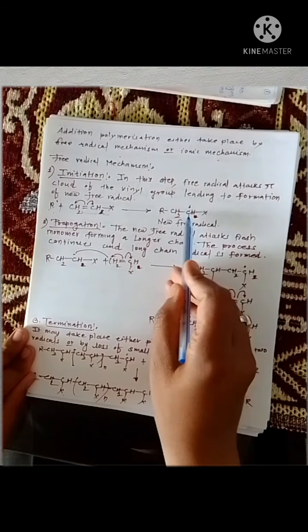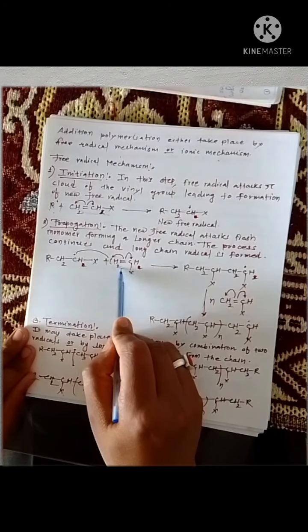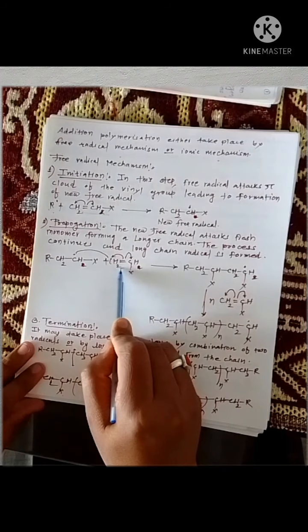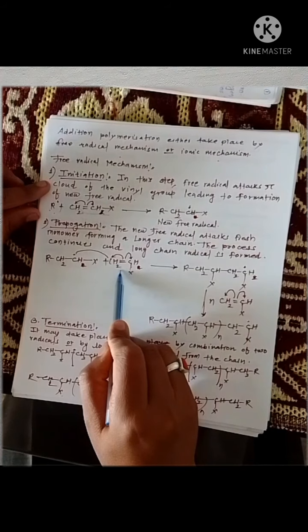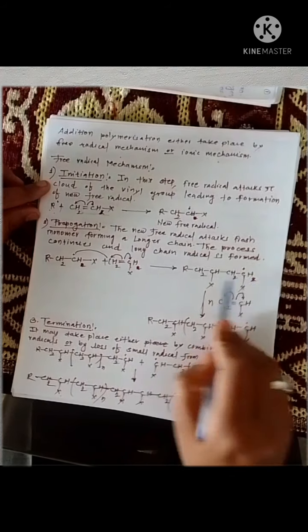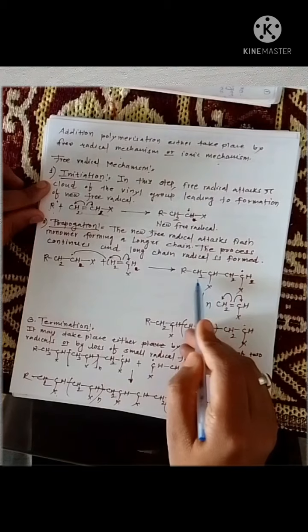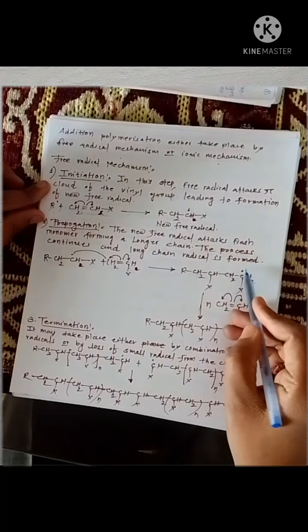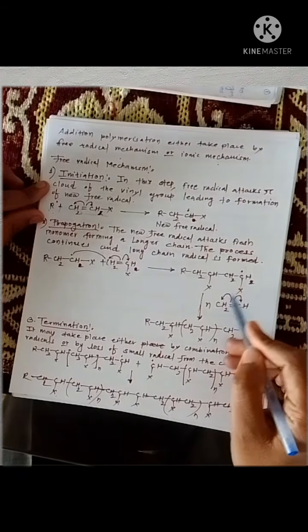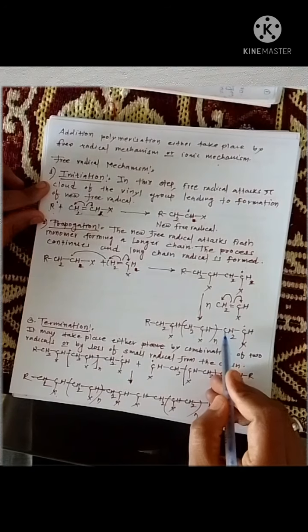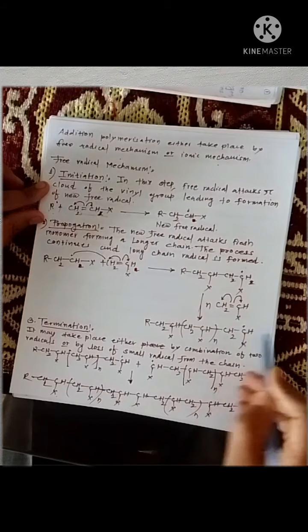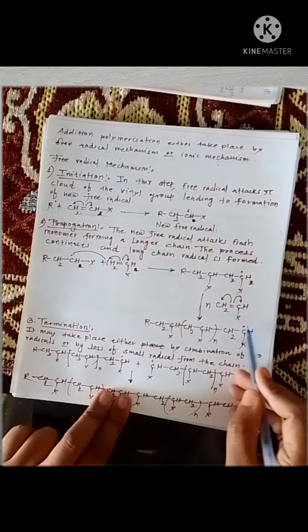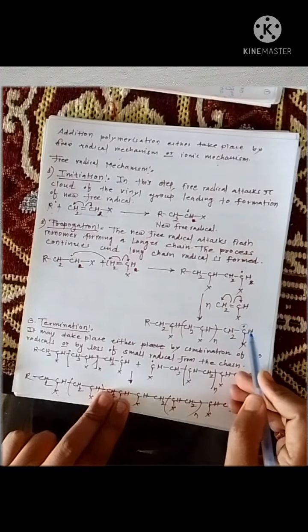So see here, this new free radical attacks another molecule of monomer, extending the chain and forming a new free radical, and this process goes on and gives you a long straight chain molecule, basically a free radical.